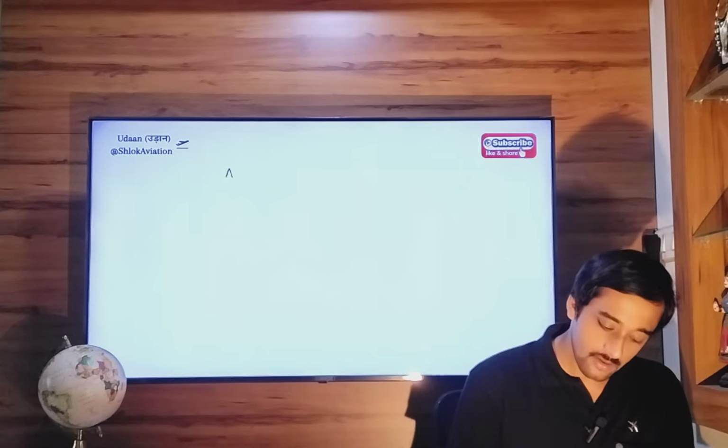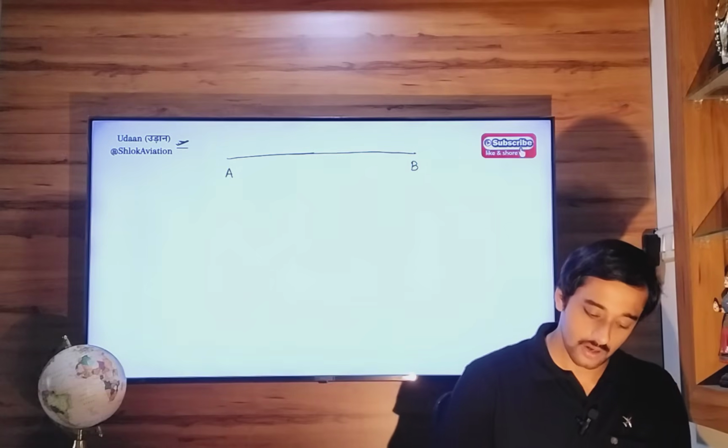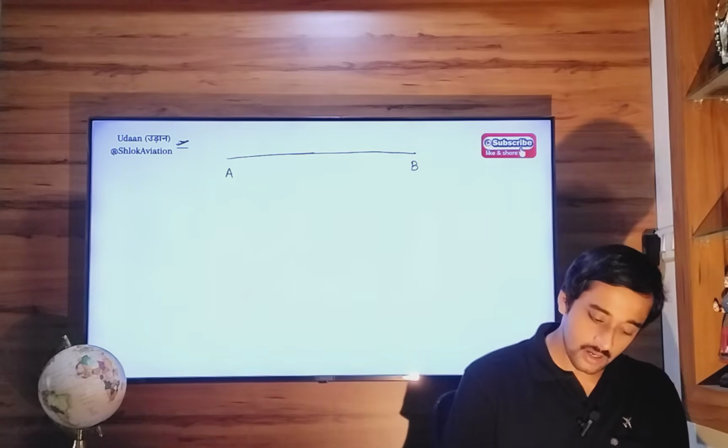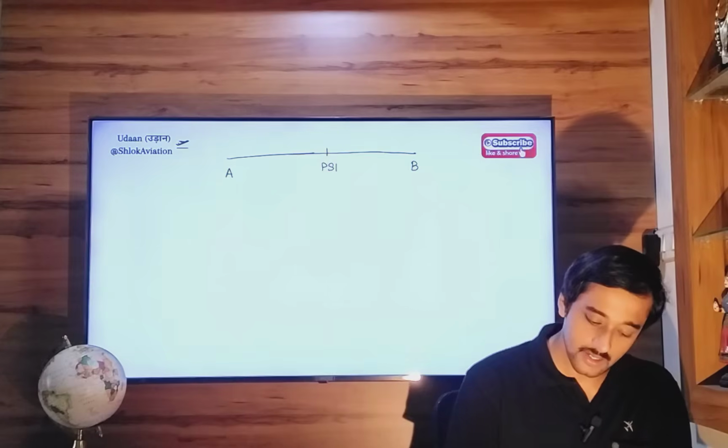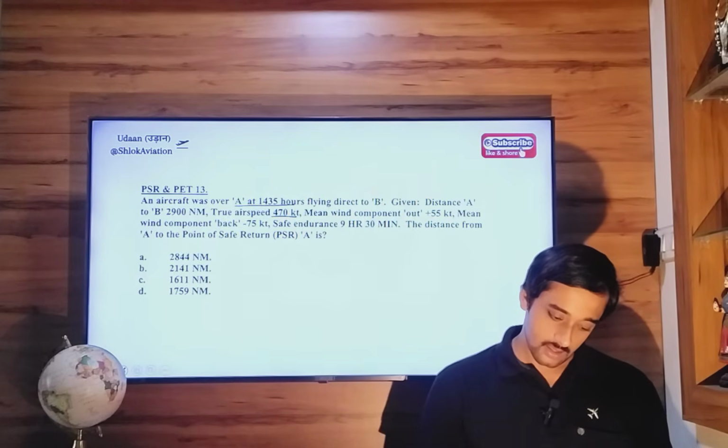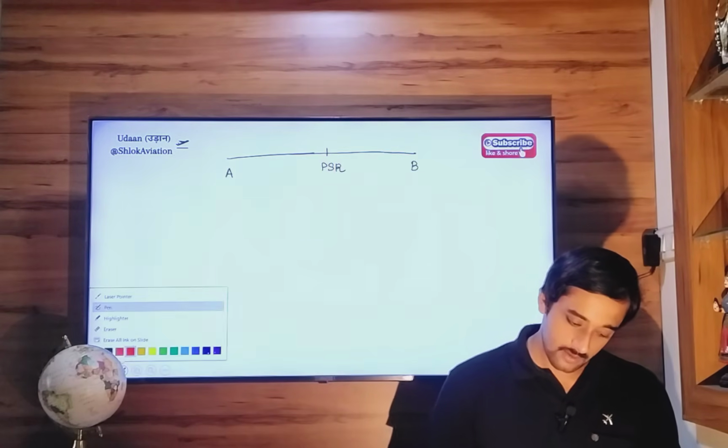So point A, point B. Point of safe return is here. 1435.